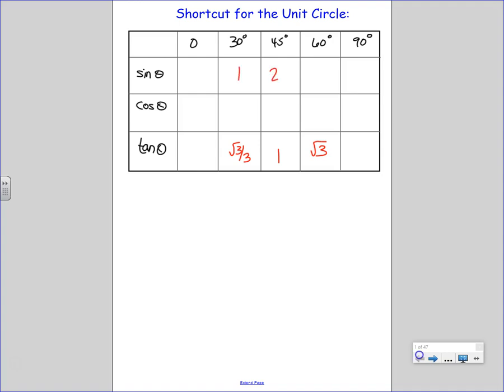Remember sine counts up? Sine counts up. 1, 2, 3. What's cosine do? 3, 2, 1. All over 2. But what are we missing, except for the zeros and 90s? So what's going on at sine? Wait, it's counting up. So where did it start from?